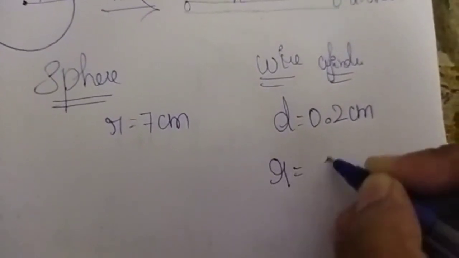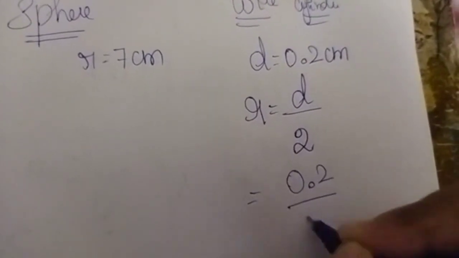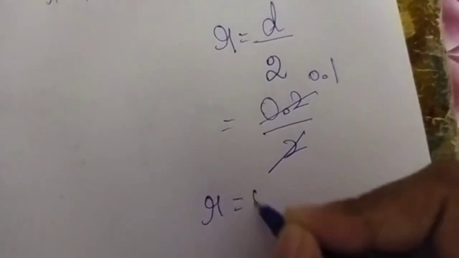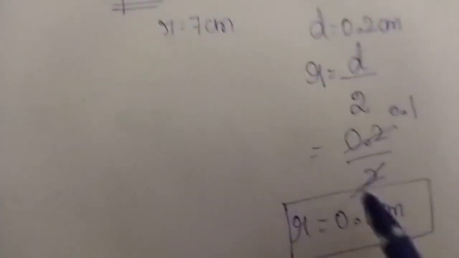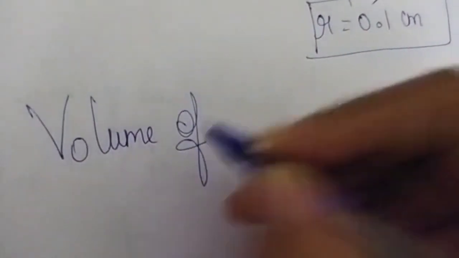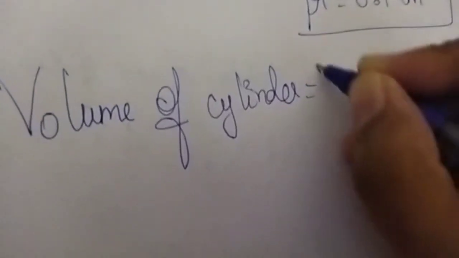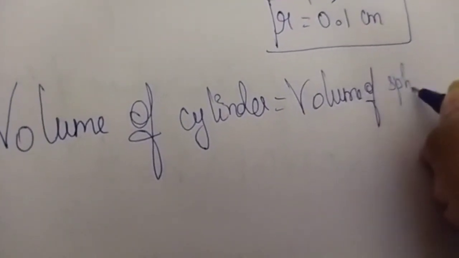Then radius is equal to diameter by 2. That is 0.2 divided by 2. 2 gets cancelled, 0.1. Radius is equal to 0.1 centimeter. Look here, volume must be same. So volume of wire is equal to volume of sphere.